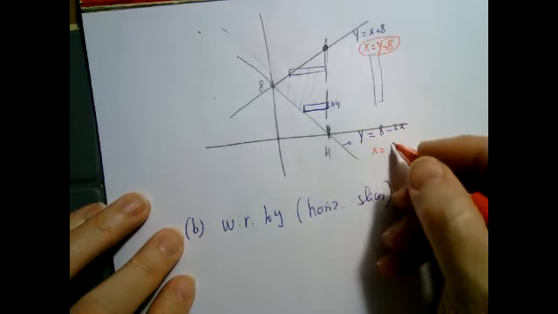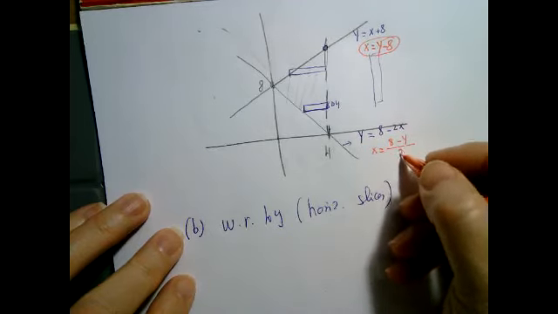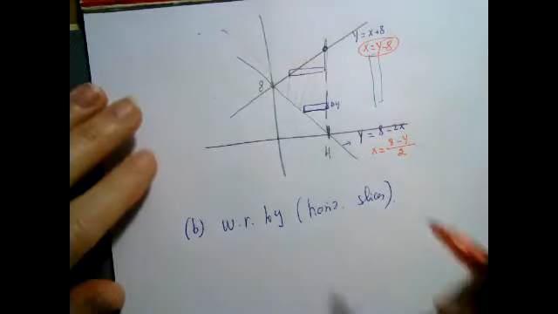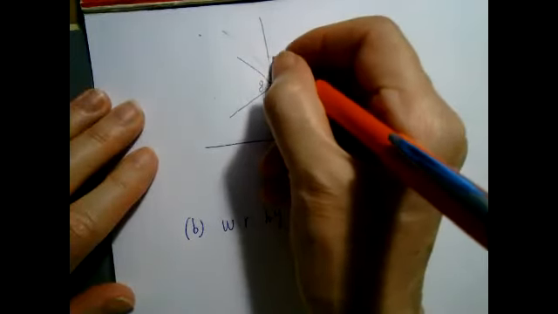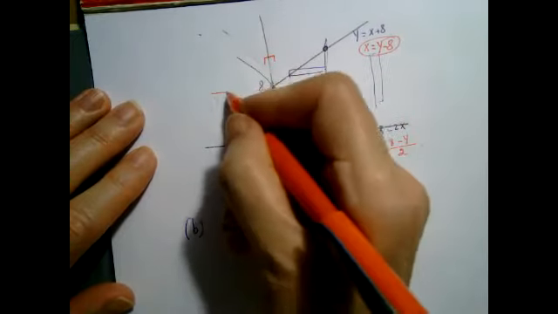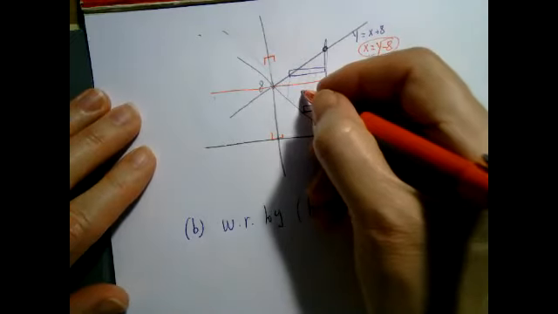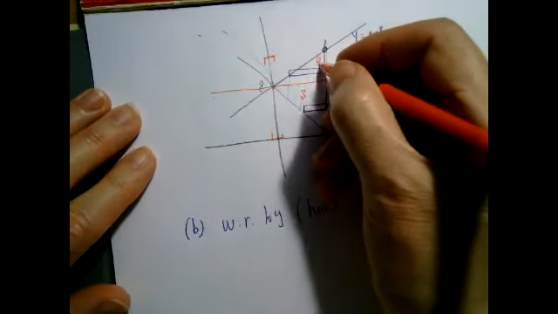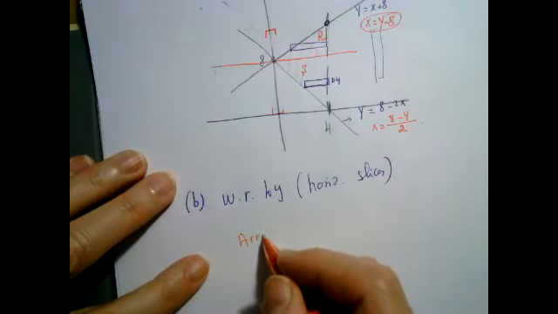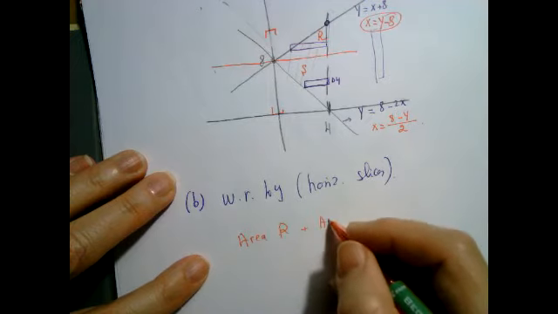It's going to give me (8 minus y) divided by 2. Okay, that's that. Second, remember, right now my variable is y. So I'm basically splitting my region this way. I can call this S and I can call this R. So I need the area of R plus the area of S.